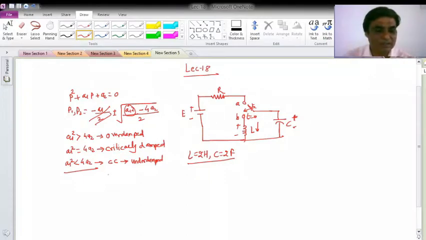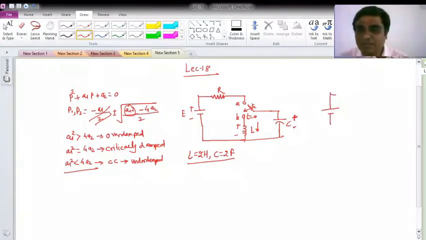First, if the switch is at position A, the voltage source E is connected to C, so it becomes a series RC circuit that we have already seen.